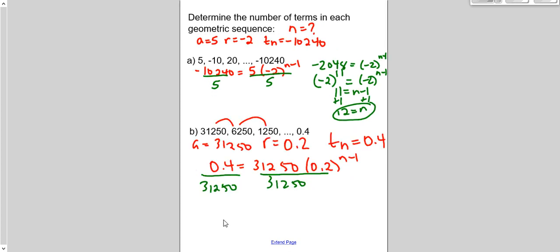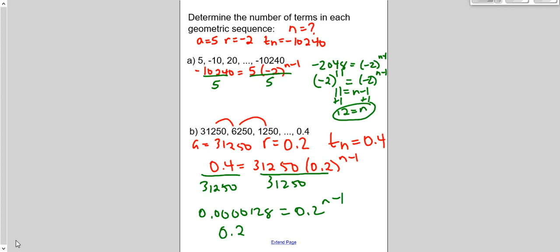And that gives me 0.0000128 equals 0.2 to the n minus 1. All right, let's change this number to a 0.2 to something. So I know it seems strange, but in my calculator, I'm going to go 0.2 times 0.2, and I get 0.04, so not small enough yet.